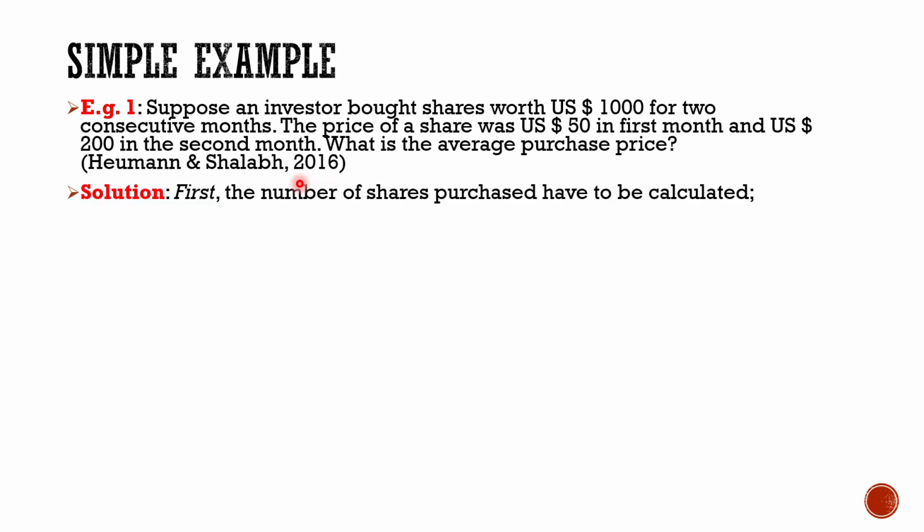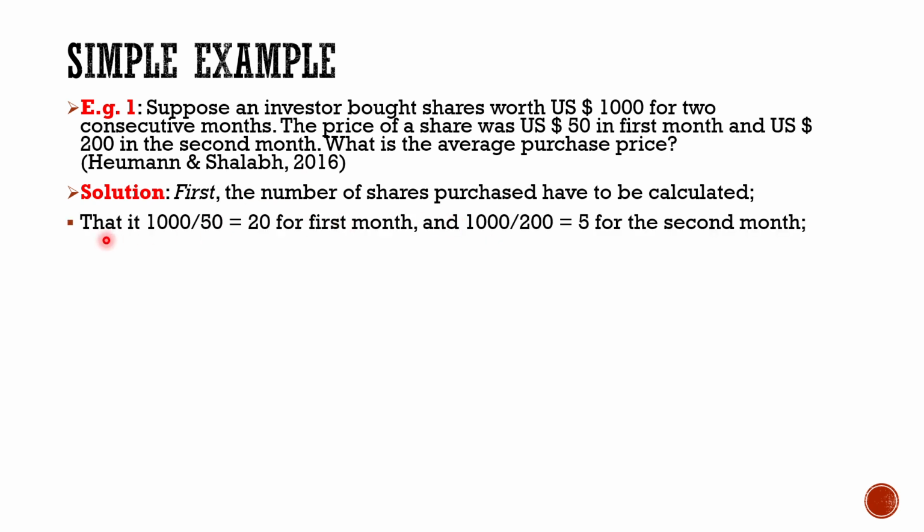What is the solution? First of all, we have to calculate the number of shares purchased, and for that we divide the invested money by the share price. In the first month, 1000 upon 50 is 20, so 20 shares in the first month, and 1000 upon 200 is equal to 5.